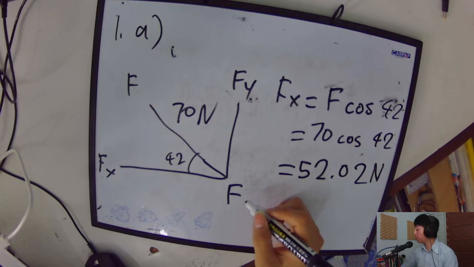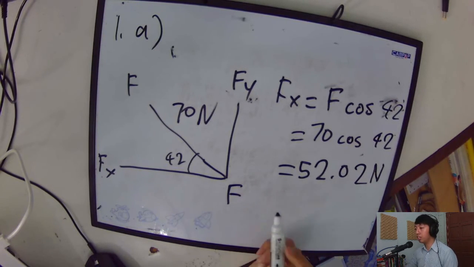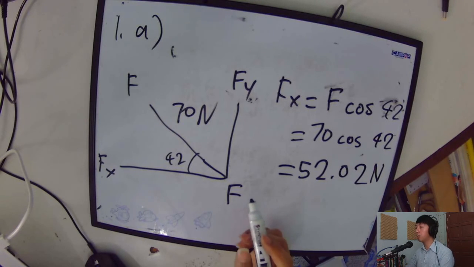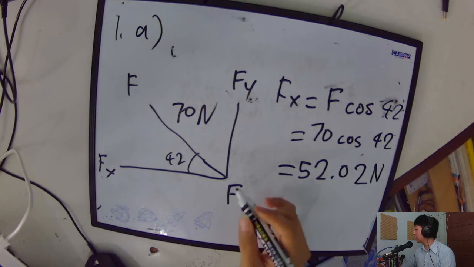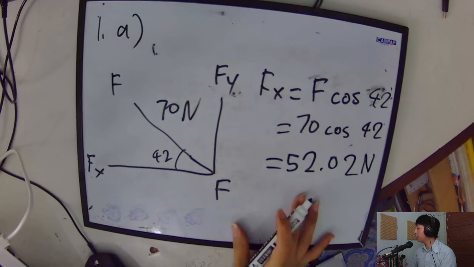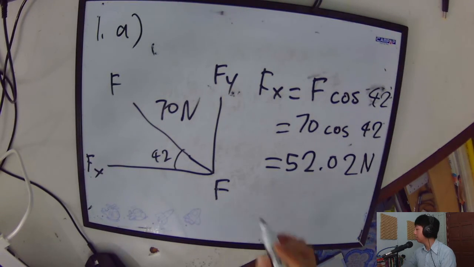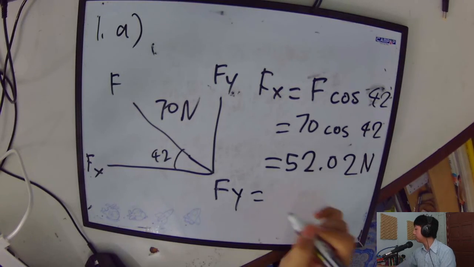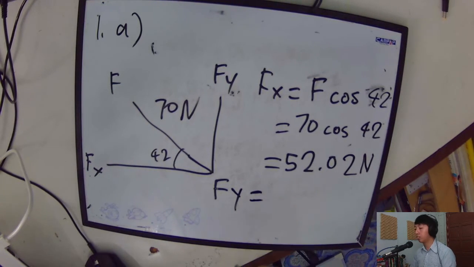Okay, I see a couple of people yes. So if you didn't get the same answer, one thing you could do is just to check your calculator if it's in degree or in radian mode. But if everything is working okay, then you should have the correct answer lah. Okay, Fy, same thing.